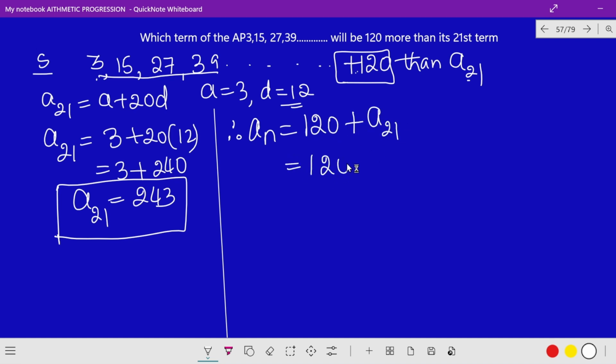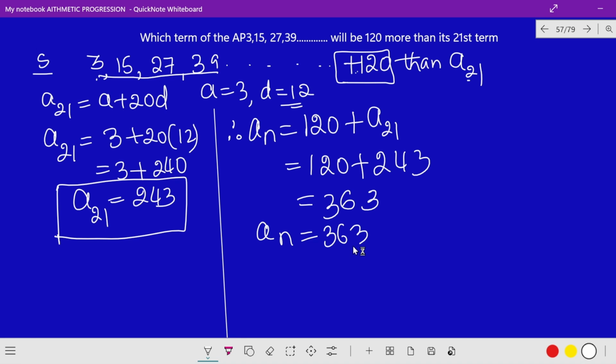So 243 plus 120 is 363. Therefore we have got one term which is 363, so an is equal to 363.